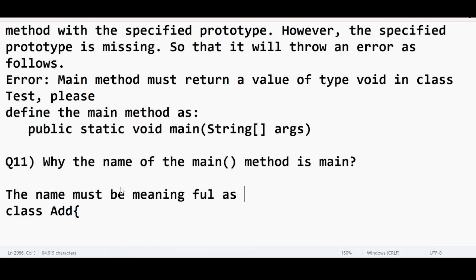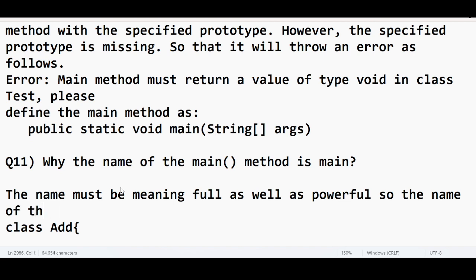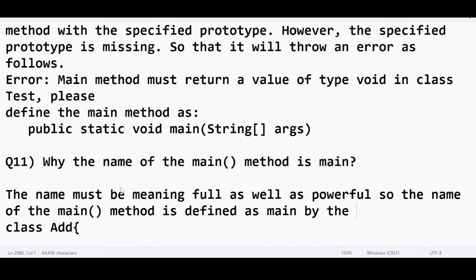So the name of the main method is defined as main by the Java people. No explanation is required for this. Just a meaningful name, just a generalized statement. That's why they have declared the method as main.